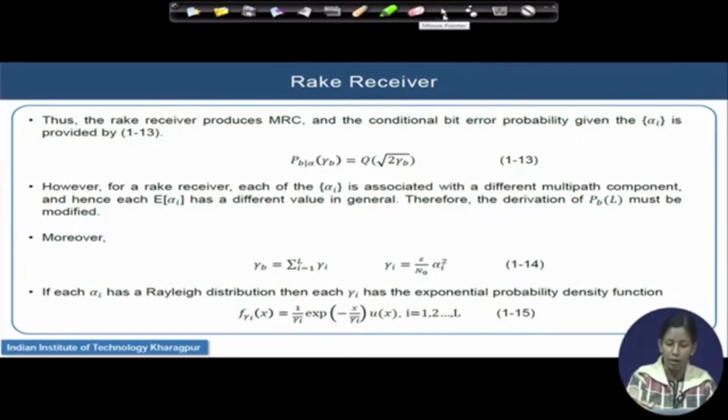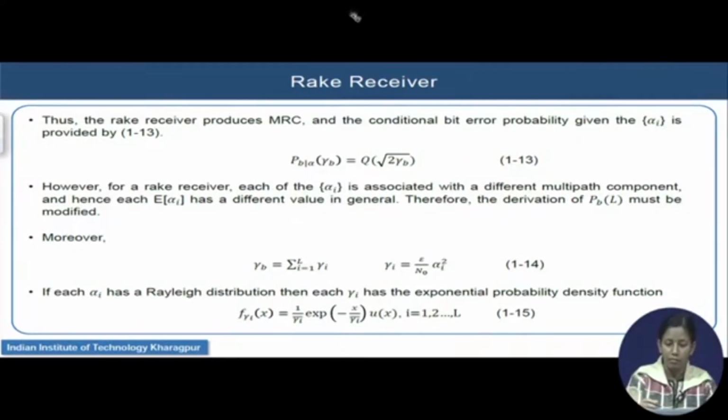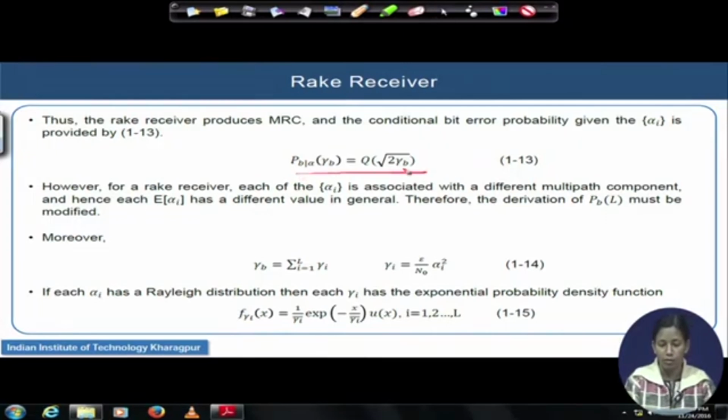by the alpha I, will be given by this expression, where this gamma b is basically the instantaneous SNR, and then you have taken the summation over all the paths. And gamma I, the instantaneous SNR of each and every path, is given by signal power by the noise power multiplied by alpha I square.